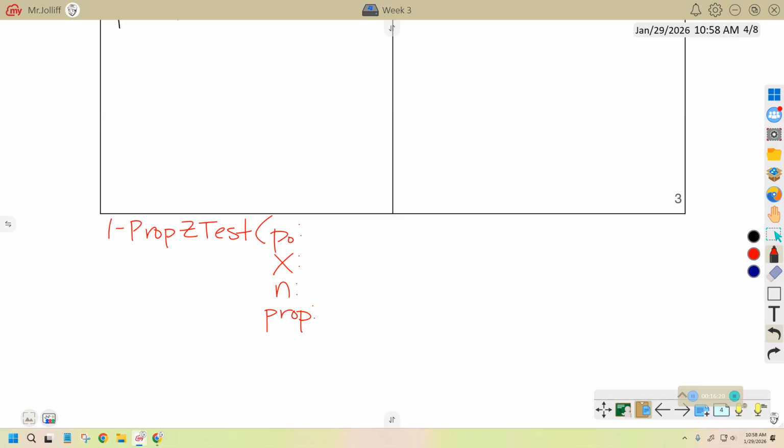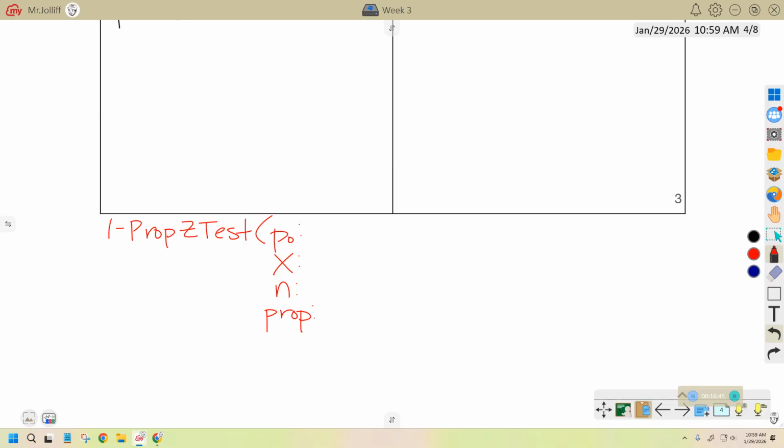If you do not use the equation method that I wrote in black up in the box, and you're only using calculator speak, what should I write here instead of those symbols? The actual words: population proportion, number of successes, sample size, alternative hypothesis.